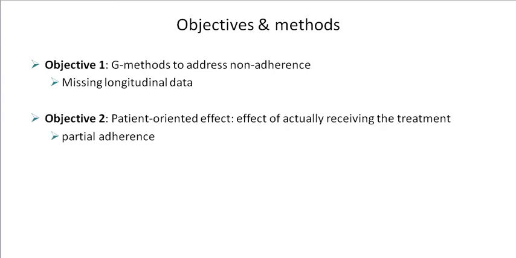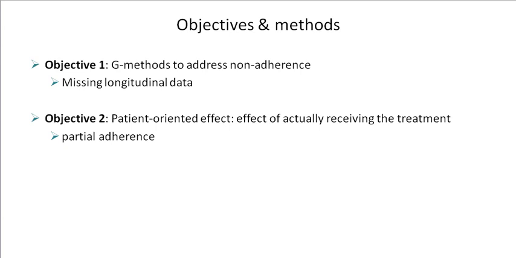Instrumental variable methods, or IV approach, is another popular modeling choice to deal with non-adherence. Using these methods, we can estimate a quantity called patient-oriented effect, that is, the effect of actually receiving the treatment. These methods do not require collecting data on post-randomization factors.